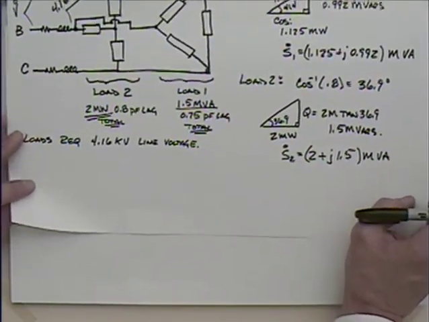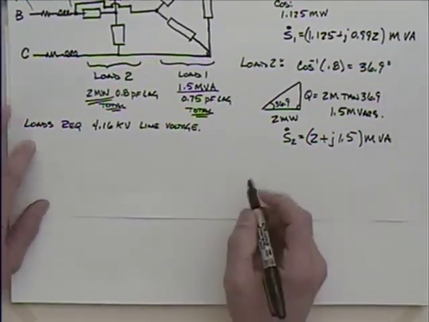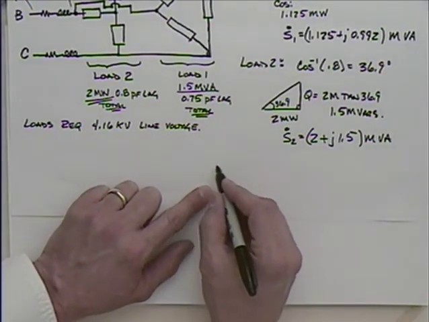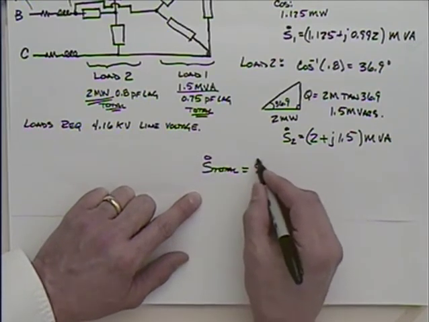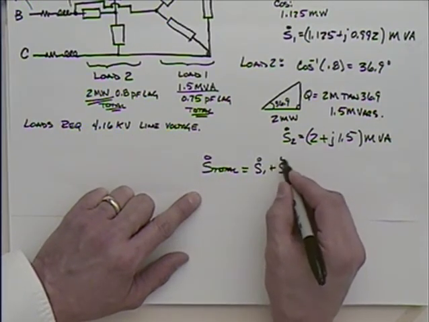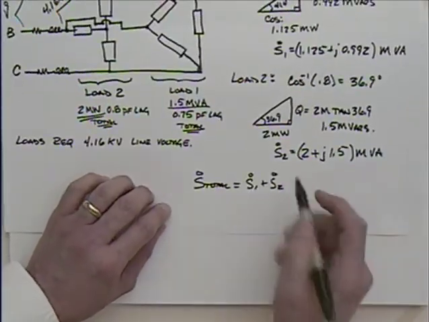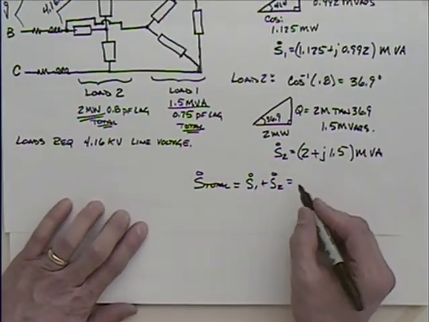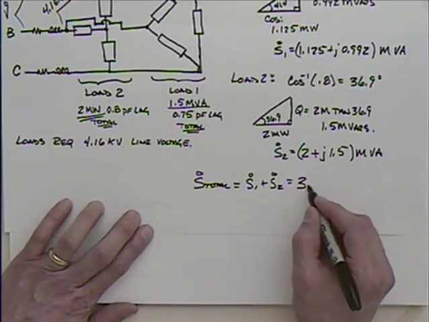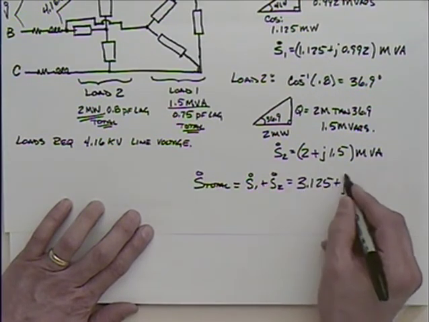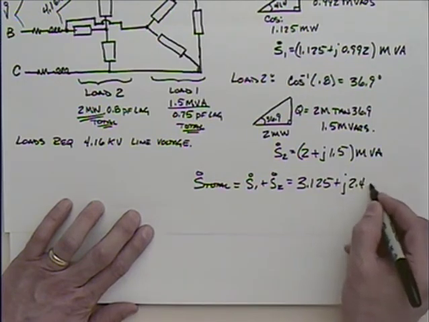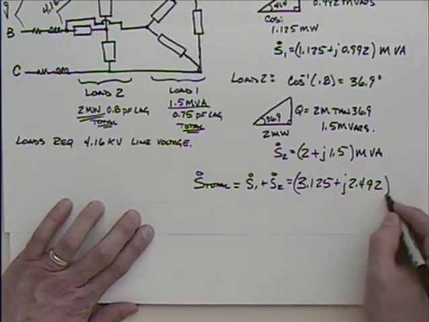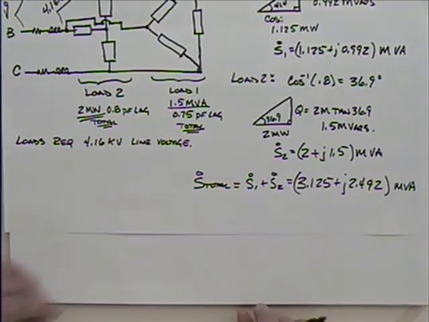And put this together. I could really say that if I looked at the S total, what would that be? S1 plus S2, which is going to be, when you add those together, 3.125 plus j2.49 megavolt amps.